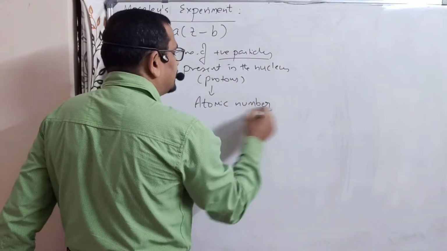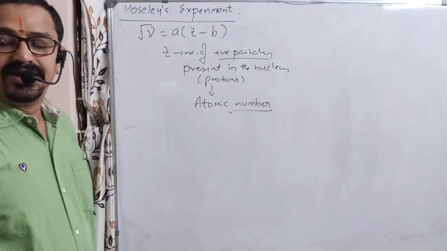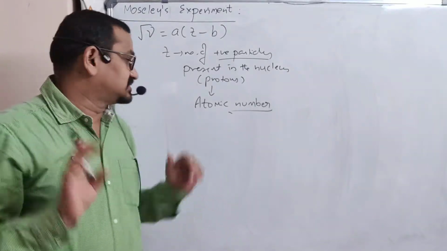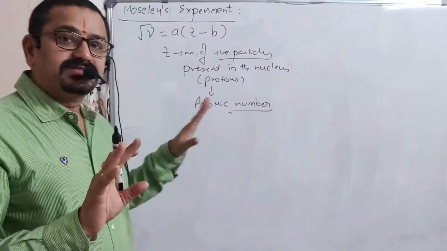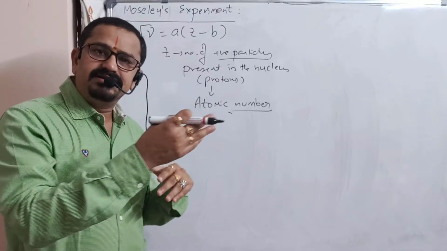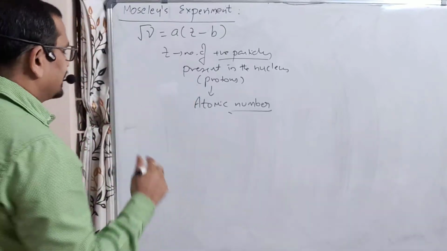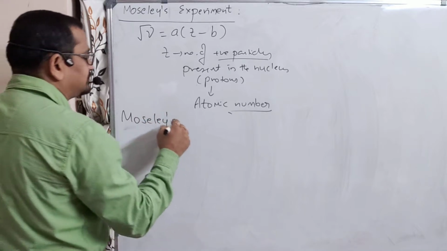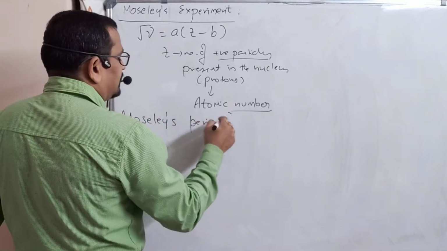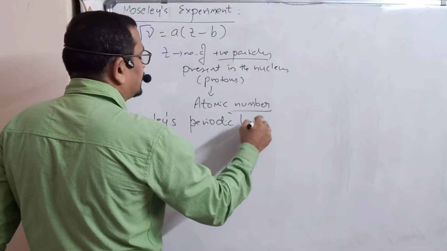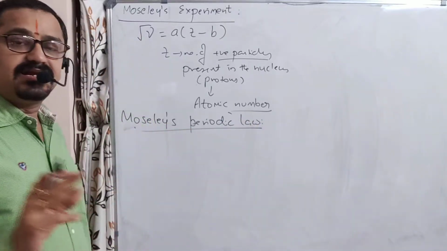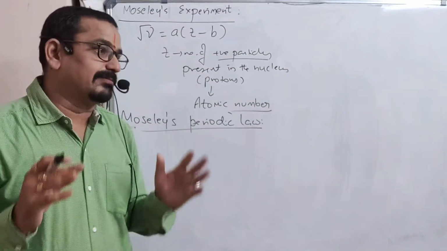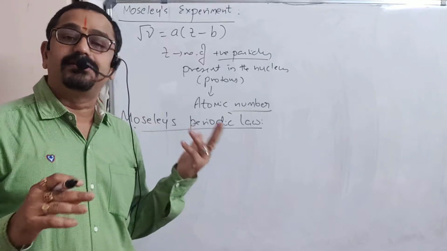So, who discovered atomic number? Moseley. Atomic number was discovered by Moseley. With this discovery, Moseley changed the entire scenario. He gave a law called Moseley's periodic law, according to which physical and chemical properties of elements are the periodic functions of their atomic numbers.